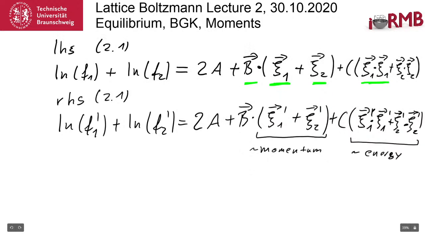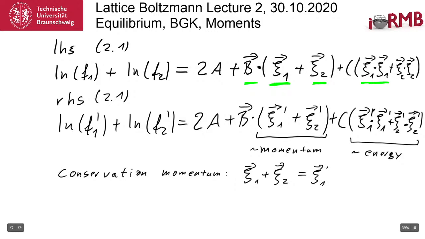So now we have these conservation laws. So by conservation of momentum, we know that these guys before collision must be these guys after collision. The sum of the momentum doesn't change, okay?